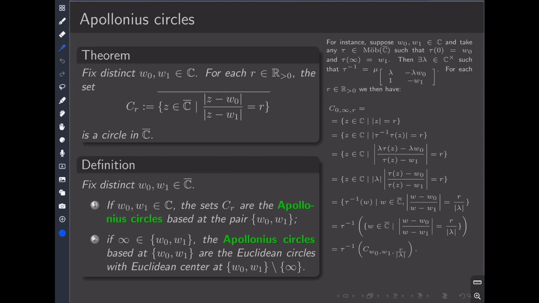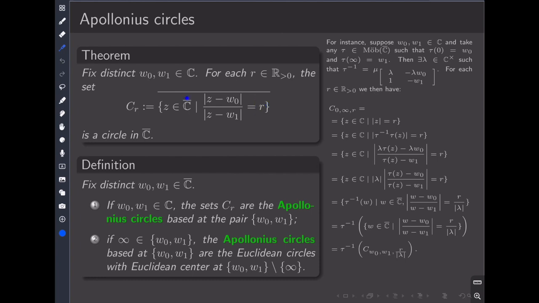So for 2 distinct complex numbers, and each fixed R, the set of all the z's whose quotient of distances to the 2 given points is constant. So the ratio of those distances is constant.